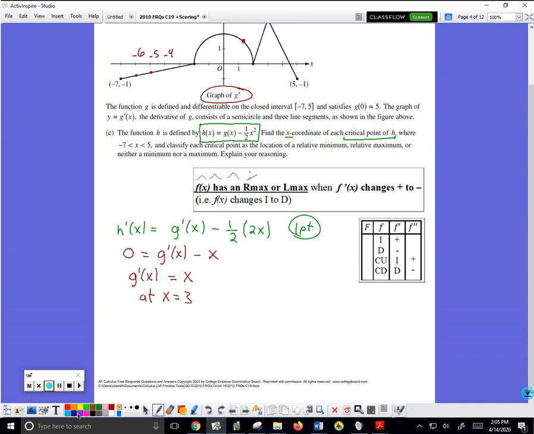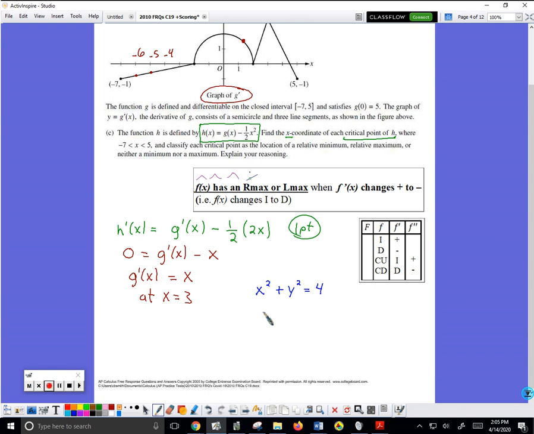Okay, I've got to find this. Well, this is on a circle. So if you happen to remember, the equation for a circle that's centered at 0 is x squared plus y squared is equal to the radius squared. The radius here is 2, 2 squared is 4.